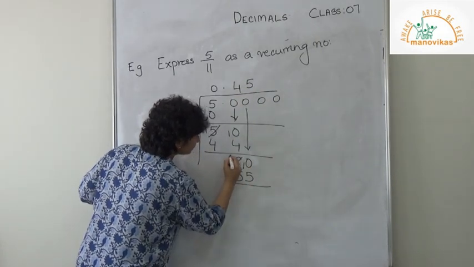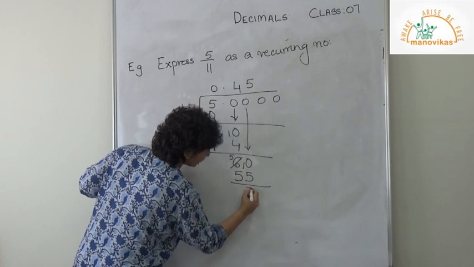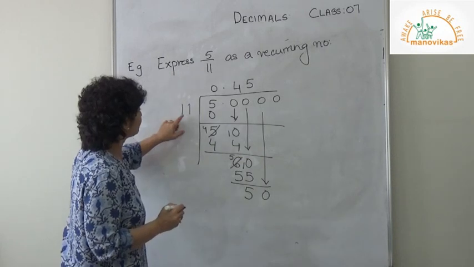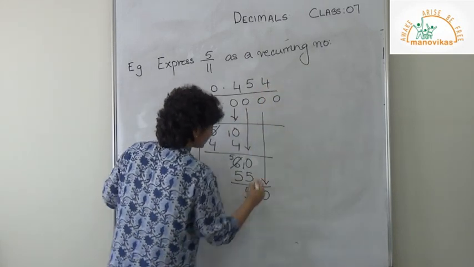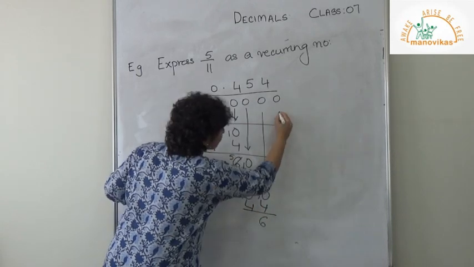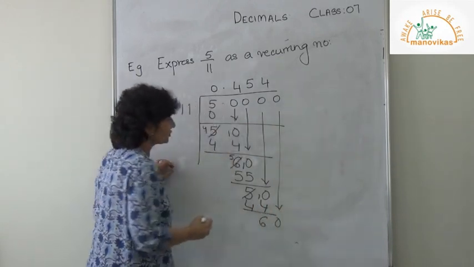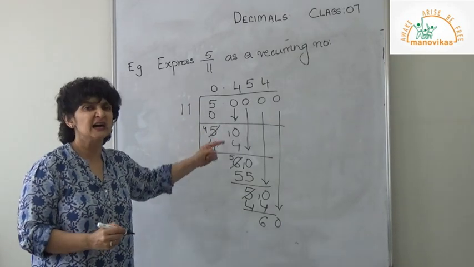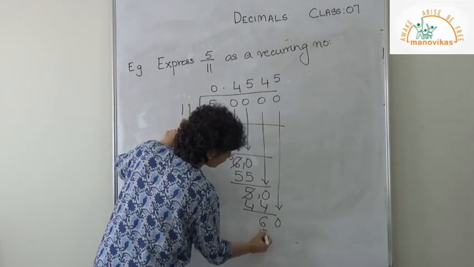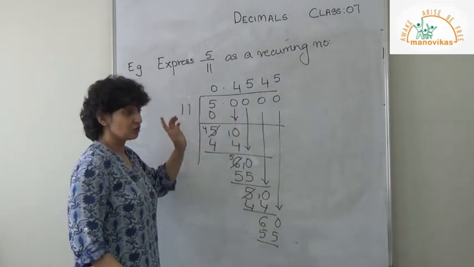Borrow, 60 minus 55, so I get 5 here. 0. Again, 11 fours are 44. 6. And again 0. Now children, if you notice, there is a repeating pattern. 11 fives are 55.